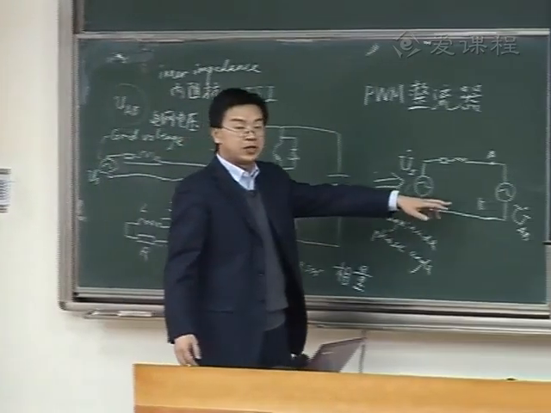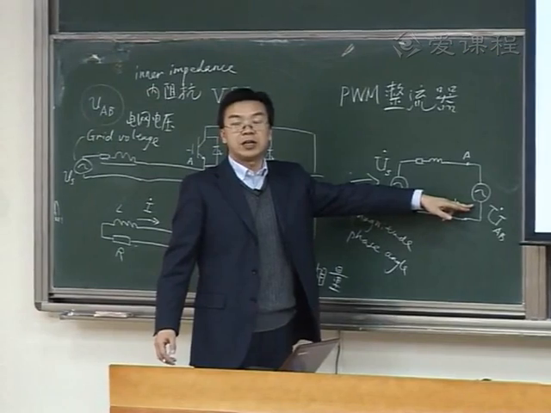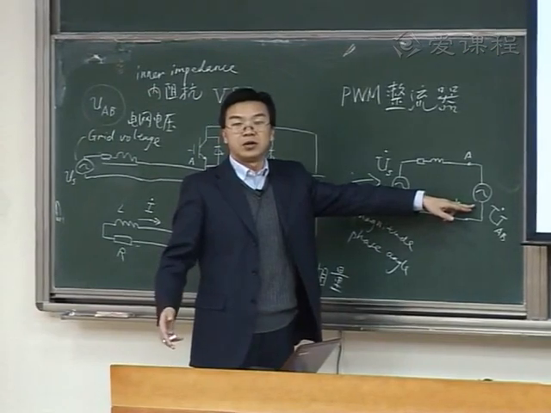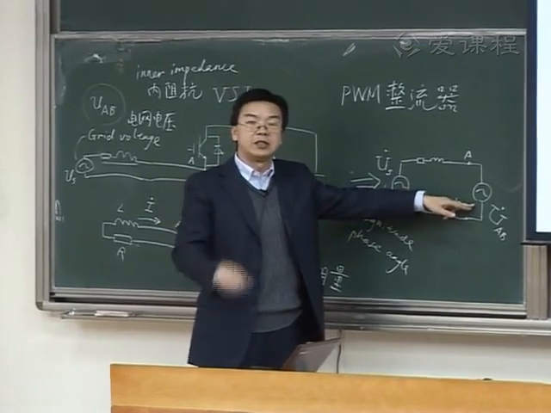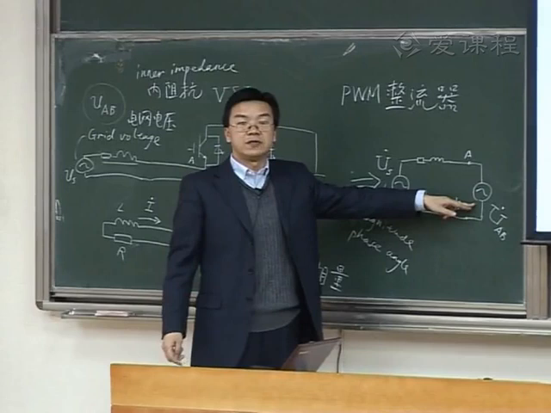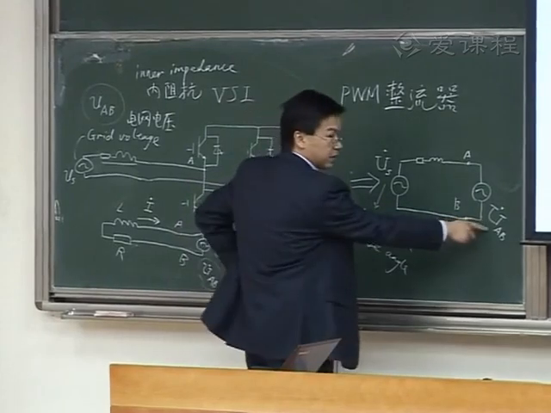But what we can do is we can change this. We can change the magnitude and phase angle of the AC sine wave voltage generated by the voltage source inverter. Okay? We can control the magnitude and phase angle of UAB.